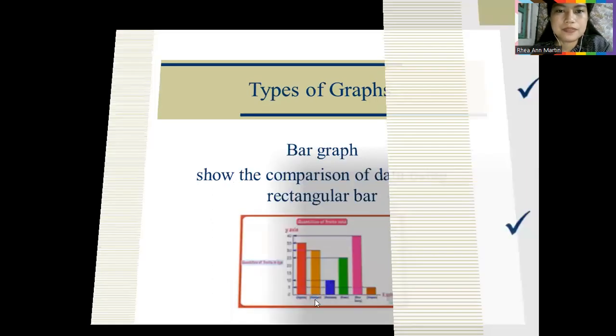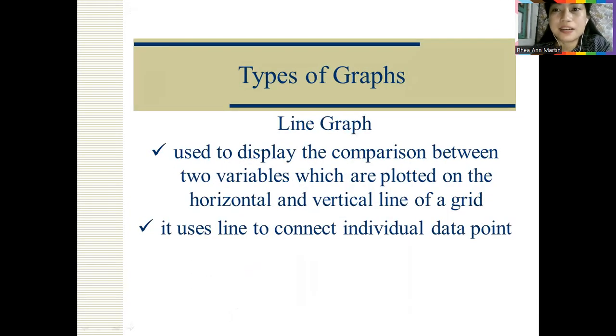Next, our main focus is the line graph. Very good. It is used to display the comparison between two variables which are plotted on the horizontal and vertical lines of a grid.